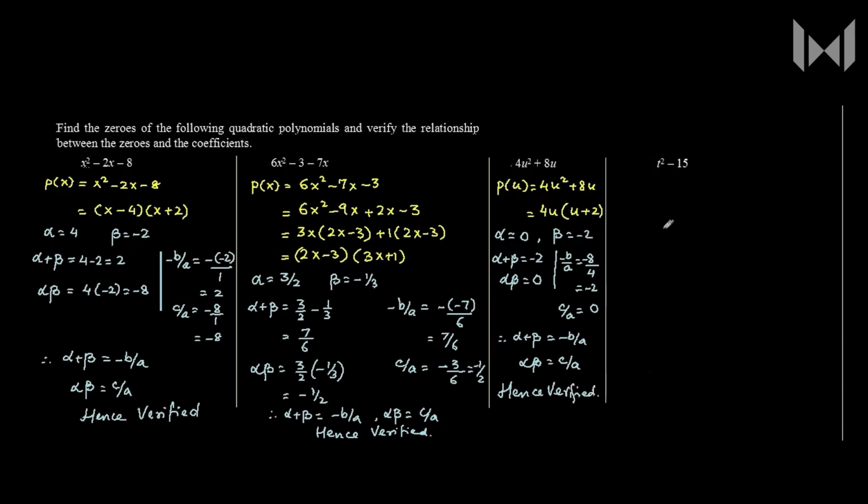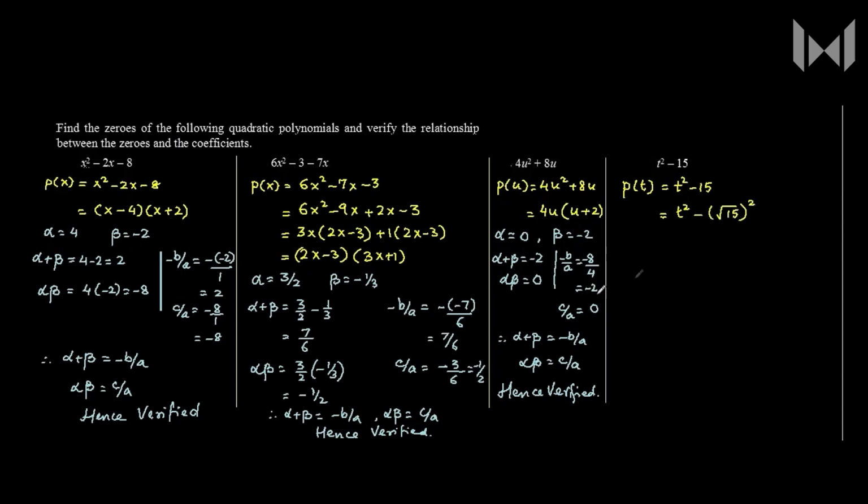Now in the last case, we just have two terms. p(t) is equal to t square minus 15. Whenever you have two terms with a negative in between, either you will get something common or you will use the basic formula of a square minus b square. So we first make it look like a square minus b square.